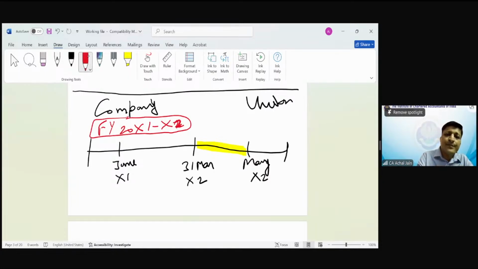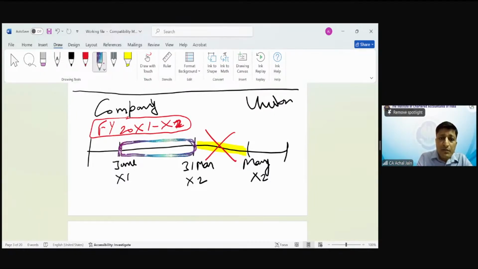No. We will only be looking at the liability for this period. That means June to March. Correct?